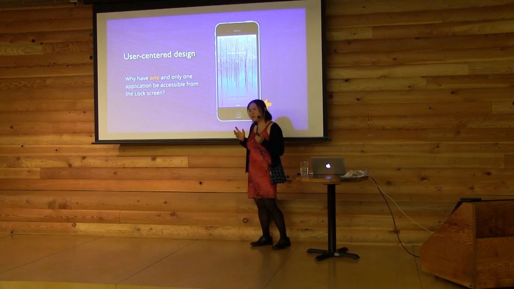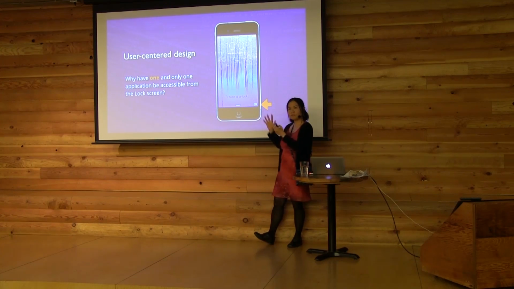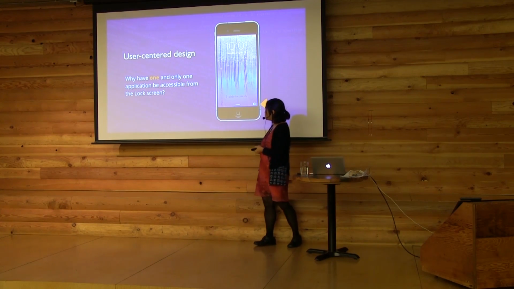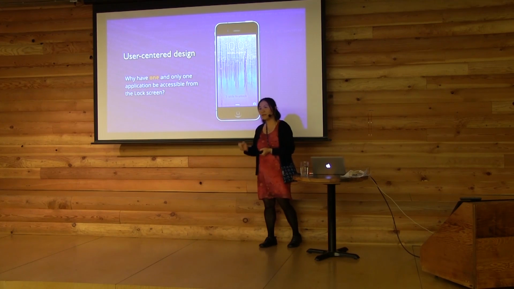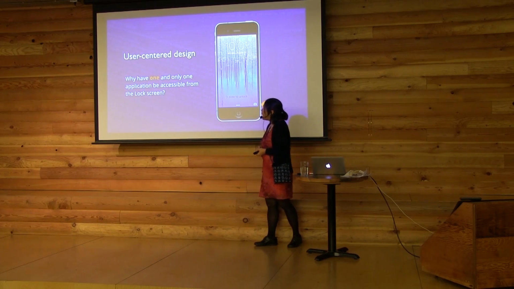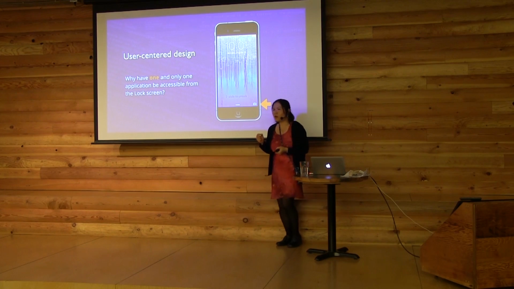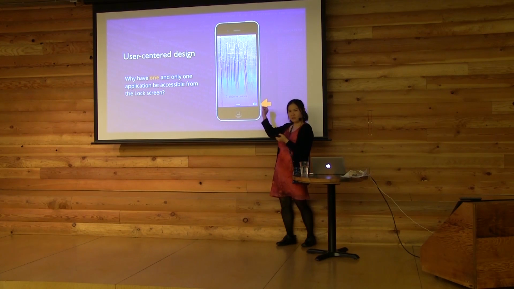So if you were to think about designing the user experience of a phone purely in terms of functions and permissions, okay, and a lot of software, especially enterprise software, ends up being designed around a permissions model, you might say, well, why is there just one app that you can launch without unlocking your phone?